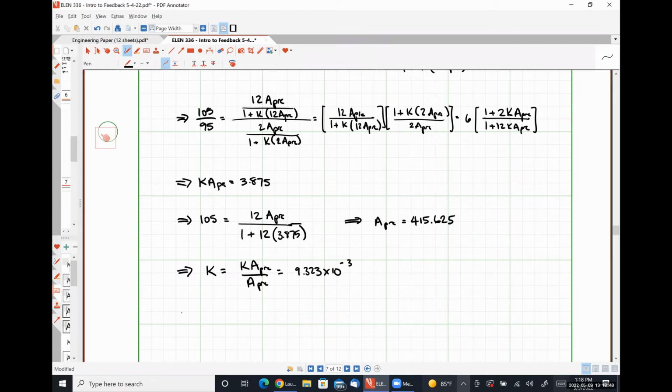Okay? So effectively, negative feedback serves to, if there is a change in the open loop gain of the system, make the change in the closed loop gain of the system even smaller, meaning that generally speaking, our gains are more stable.